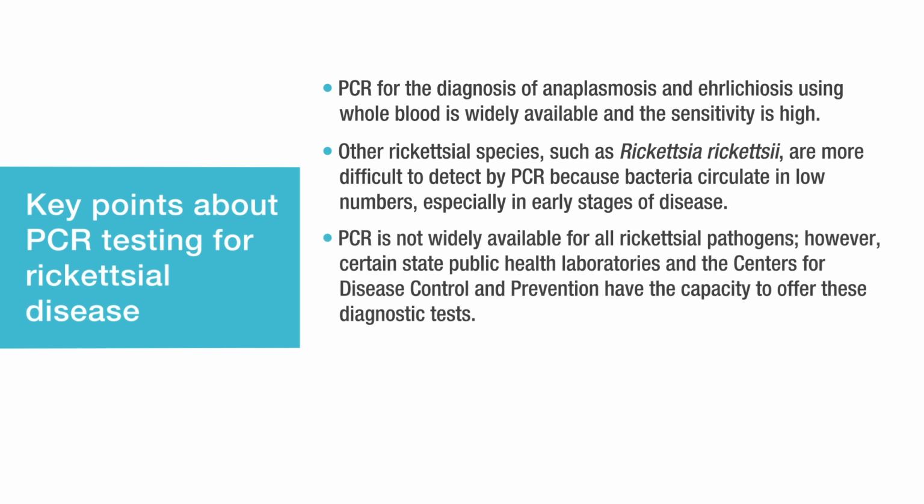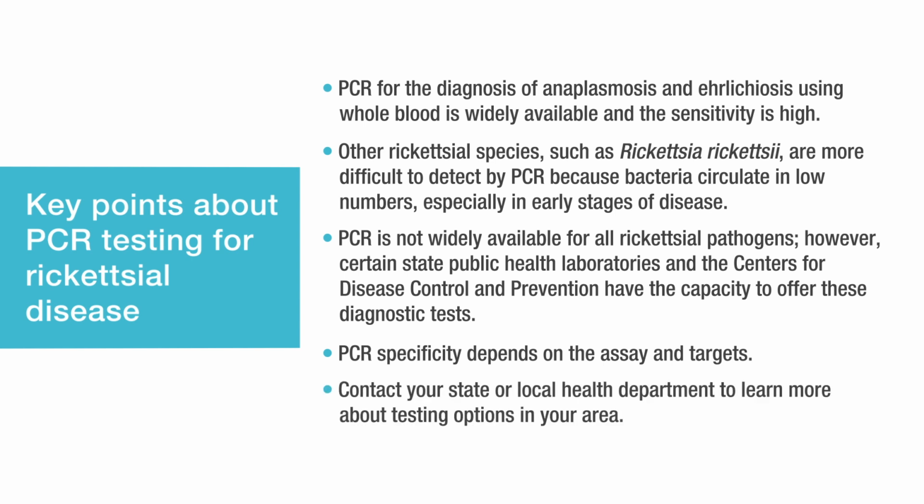PCR is not widely available for all rickettsial pathogens. However, certain state public health laboratories and the Centers for Disease Control and Prevention have the capacity to offer these diagnostic tests. Importantly, the specificity of PCR assays depends on the assay type and targets. Contact your state or local health department to learn more.